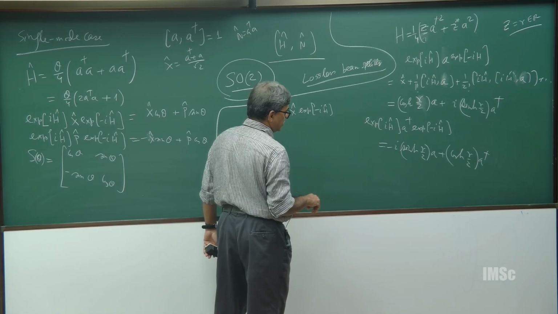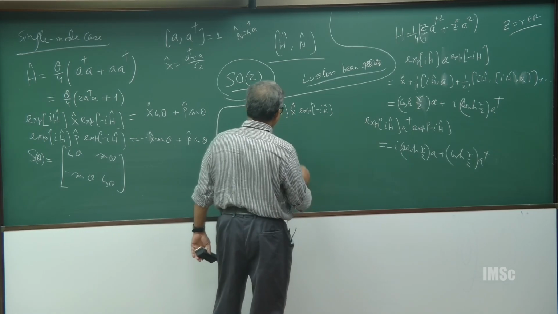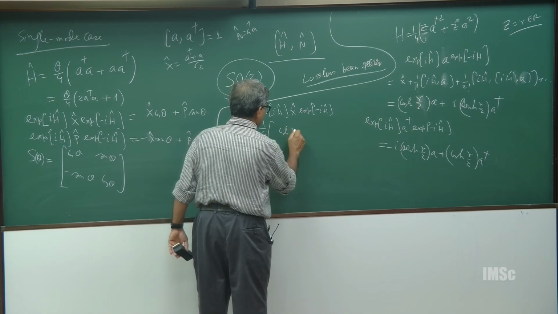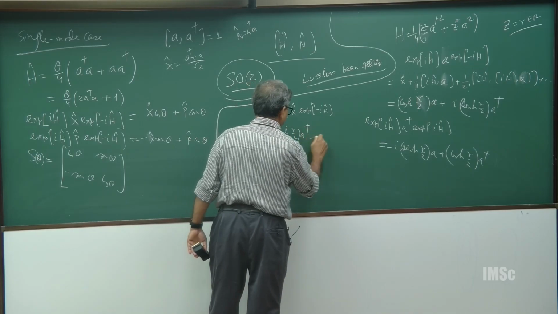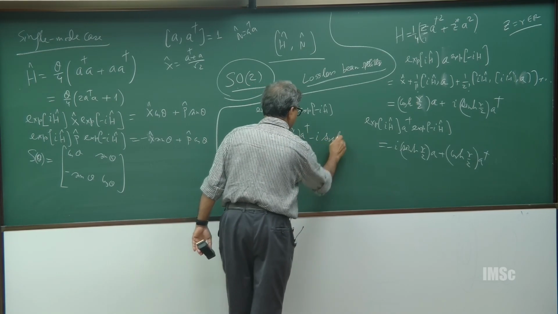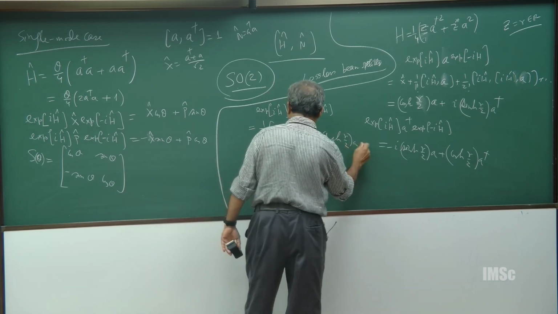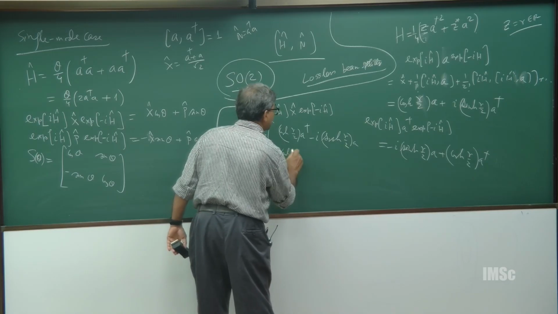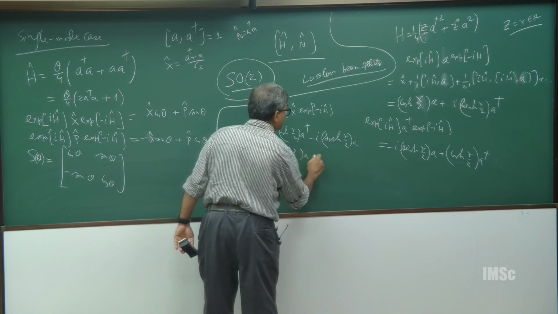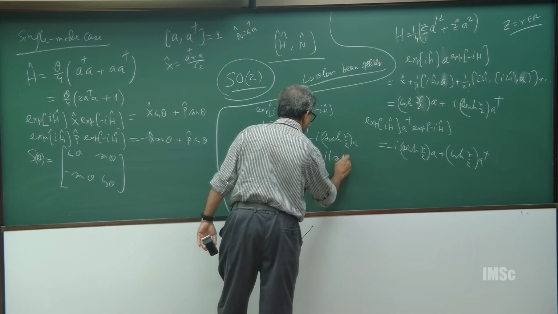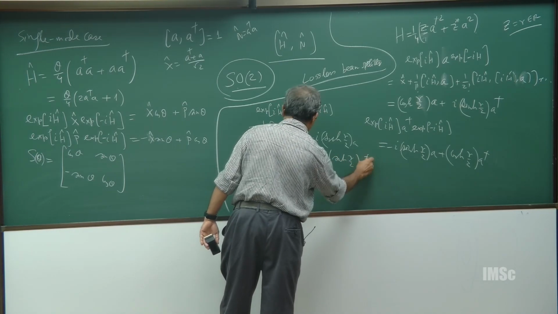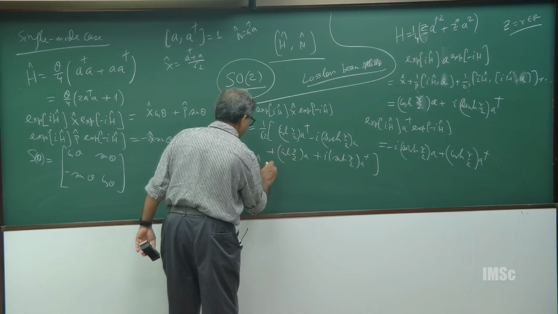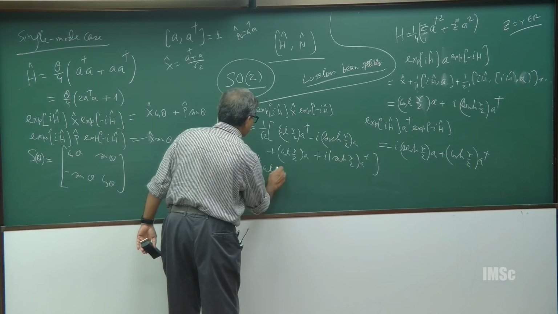This should be 1 upon root 2 cosine hyperbolic r by 2 A dagger minus iota sine hyperbolic r by 2 A, and with A it will be cosine hyperbolic r by 2 A plus iota sine hyperbolic r by 2 A dagger, something like this. So, this will be basically x cosine hyperbolic r by 2.